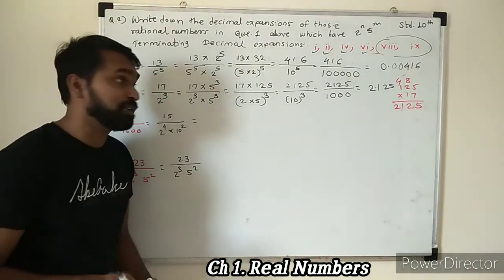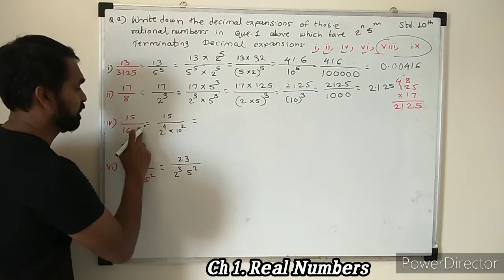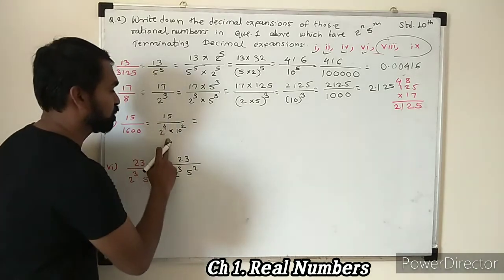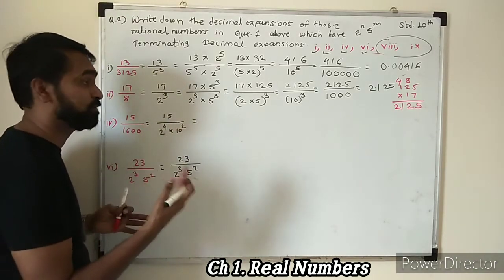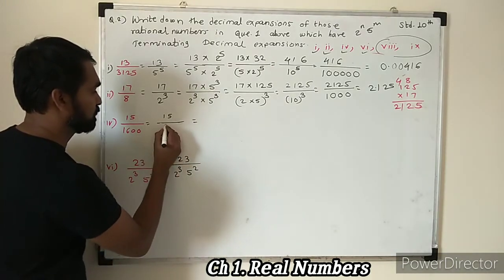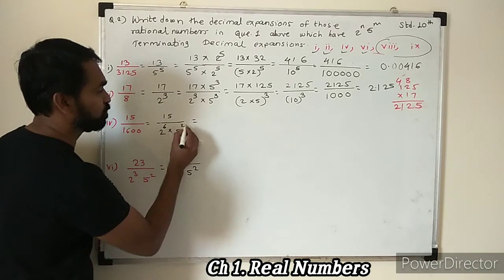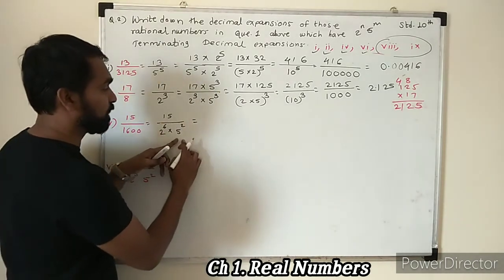Okay. The next example, that is the fourth number example, 15 upon 1600. That is equal to 15 upon 2 raised to 4 multiplied by 10 raised to 2, and in the form of 2 and 5, that time here 2 raised to 6 multiplied by 5 raised to 2. Okay, so see here 2 and 5. Here 2 raised to 6 and 5 raised to 2.